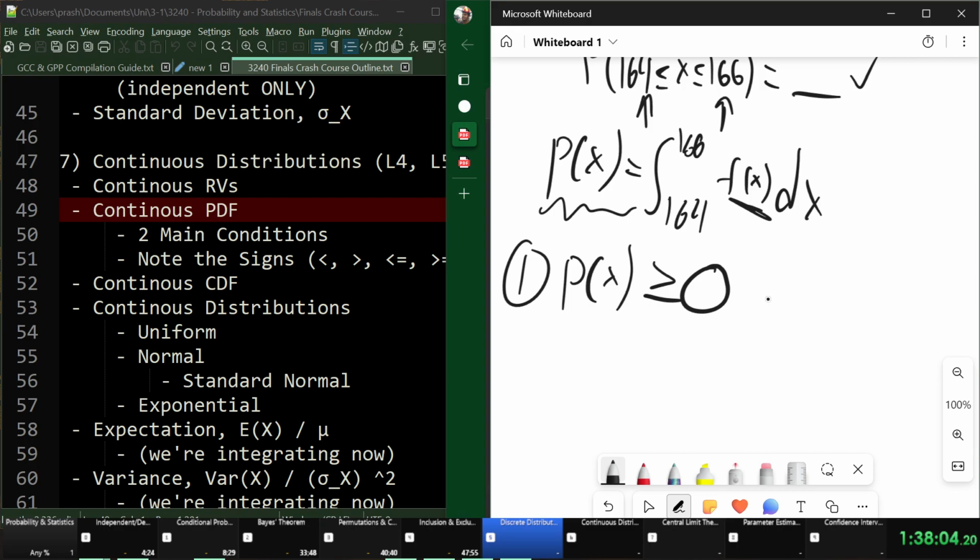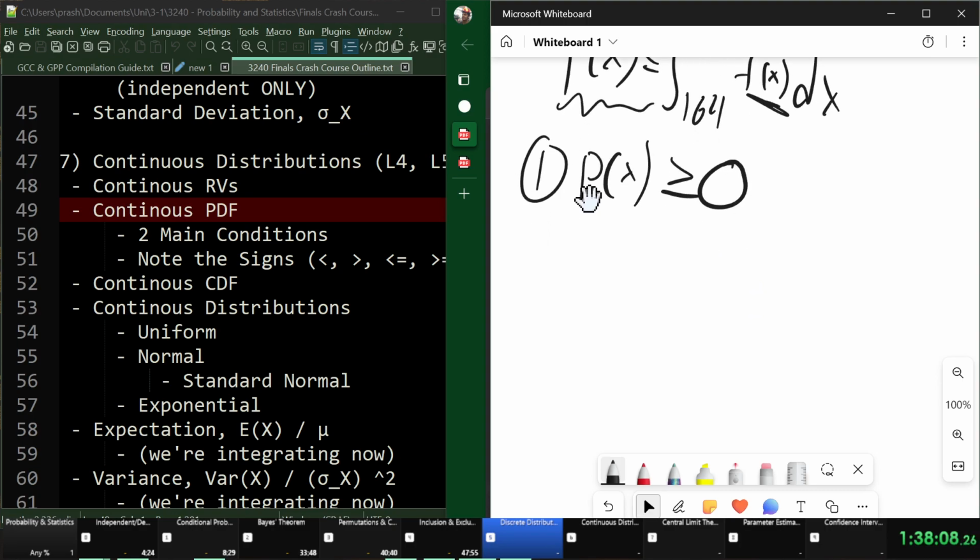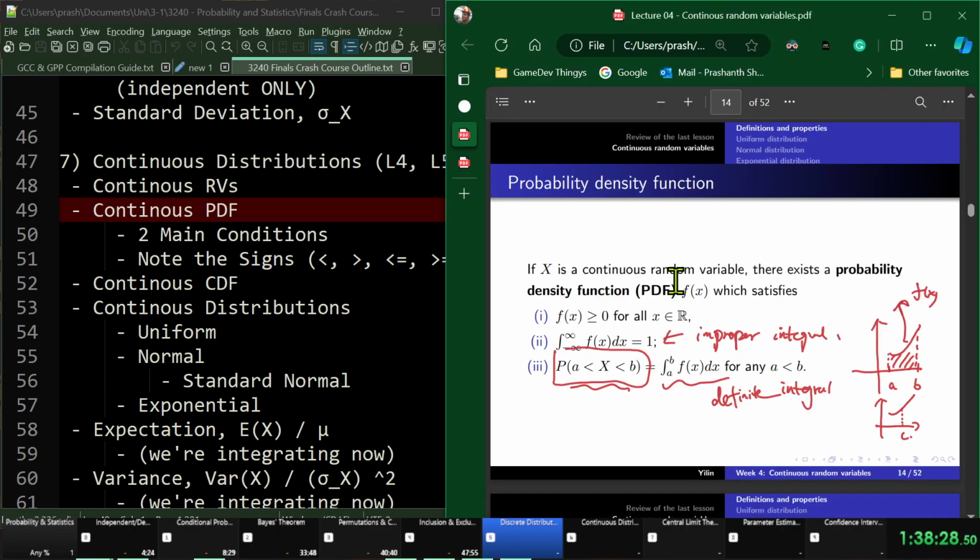But that said, if this represents the probability, if you consider every single possible value, and because this is continuous, we can go from whatever its minimum is to whatever its maximum is. So its minimum will be put at minus infinity and maximum will be put at infinity.